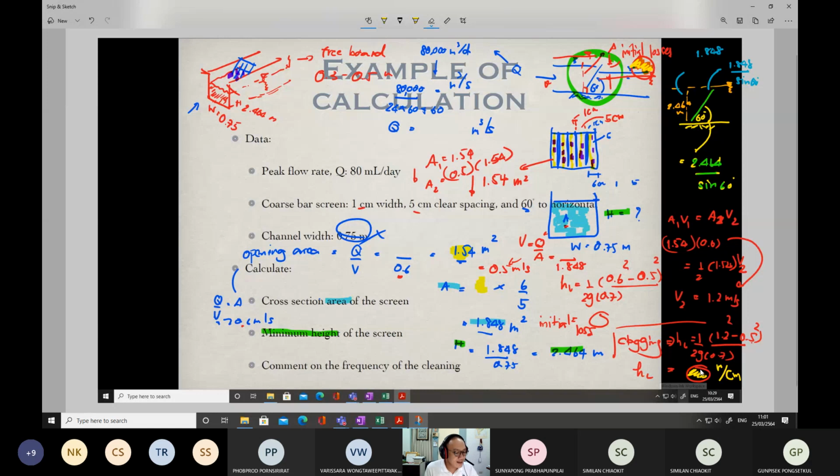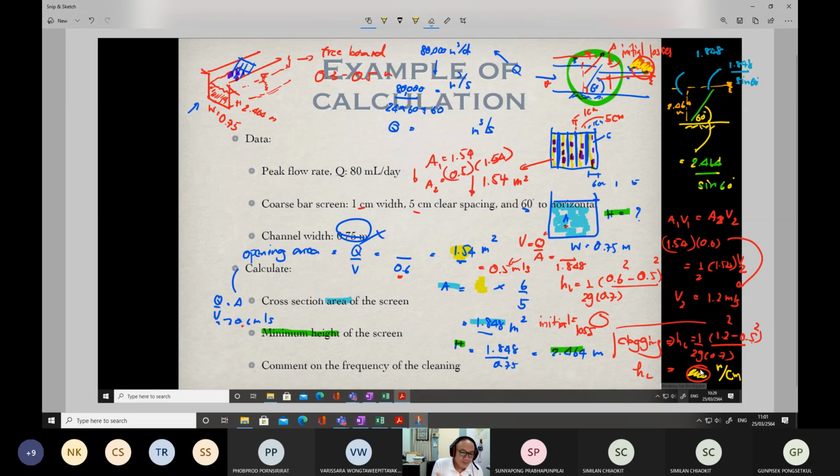As for the methods of cleaning, if it is a mechanically cleaned screen, we will put in a sensor. So once the head loss reaches a certain level, the cleaning process will begin.